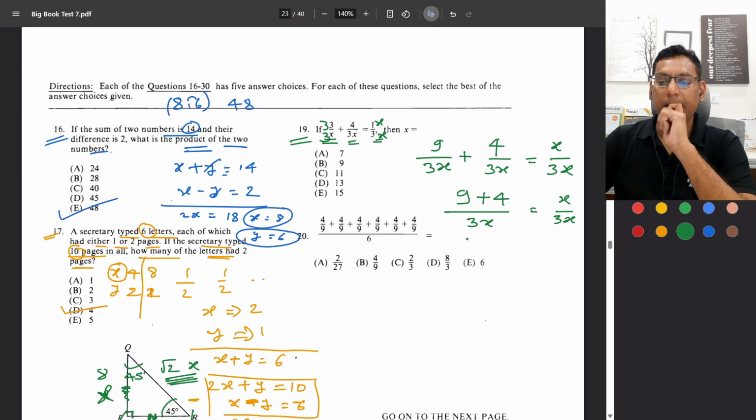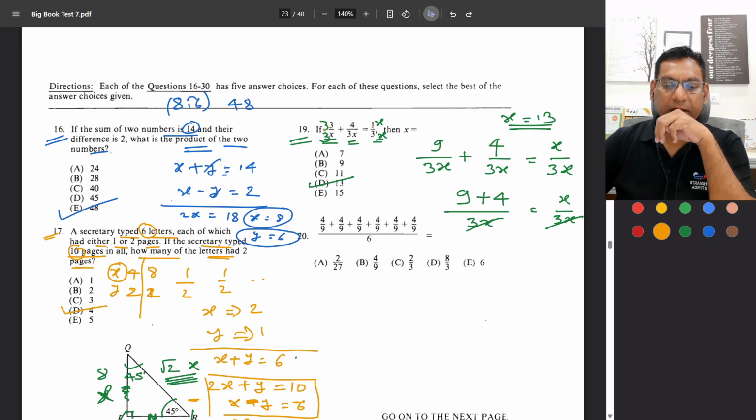Right. So 3x gets cancelled. And what do I get? x is equal to 13. Answer choice 13. Let's verify. The original expression, 3 by x plus 4 by 3x. Let me calculate that for the value of 13.